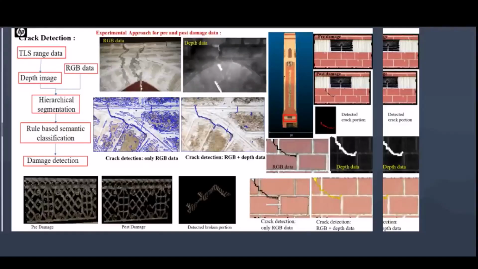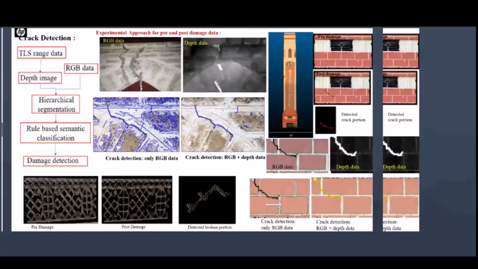A similar study was done for the clock tower in Dehradun also. So you can see this is RGB data, this is depth data, and the crack portion was identified.